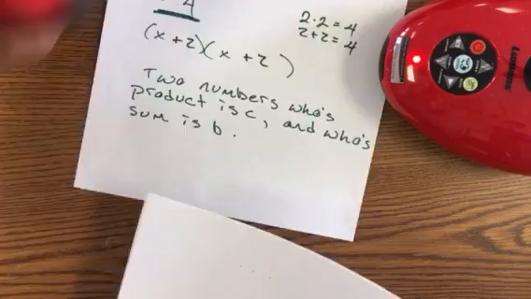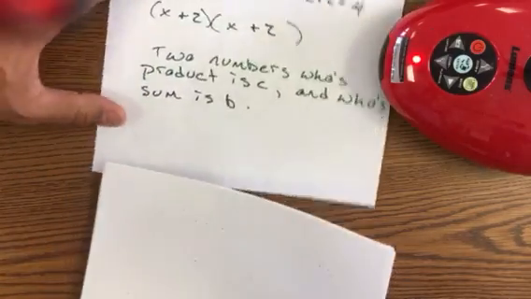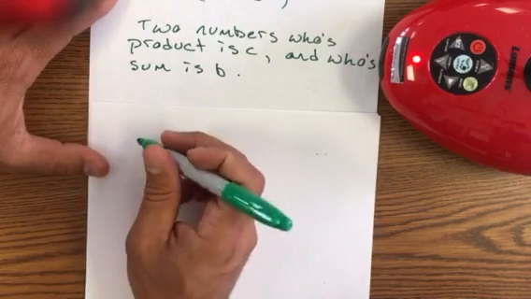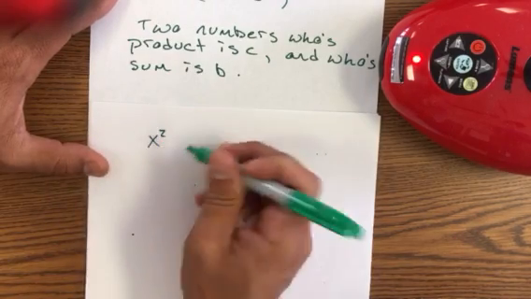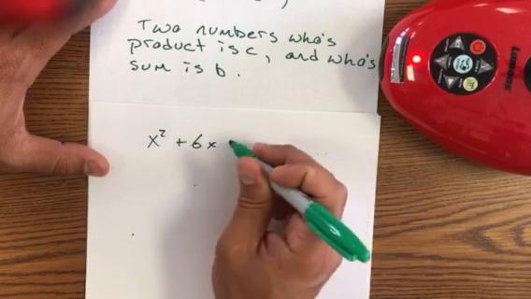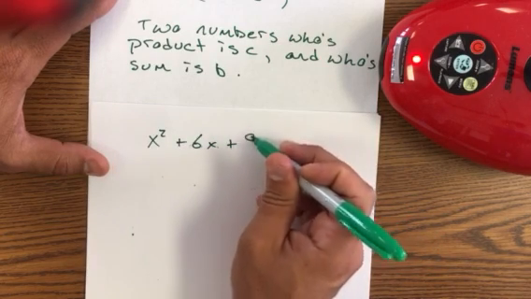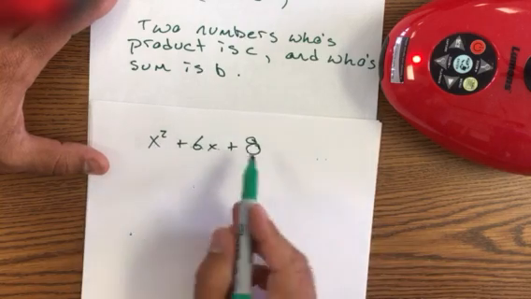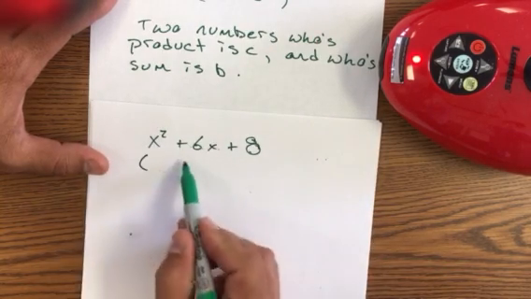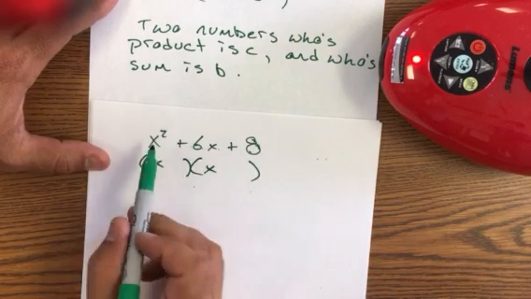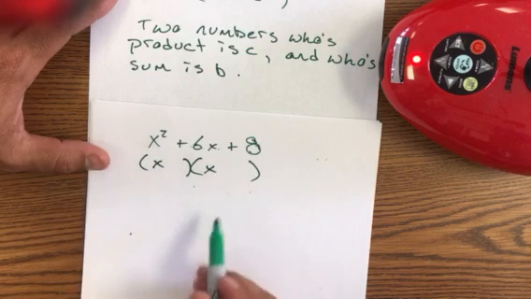So remember, we're looking for 2 numbers whose product is C and whose sum is B. So if I have something like this, I need 2 numbers that multiply to 8 and add to 6. So my factors are going to be x and x whenever the A value is 1.